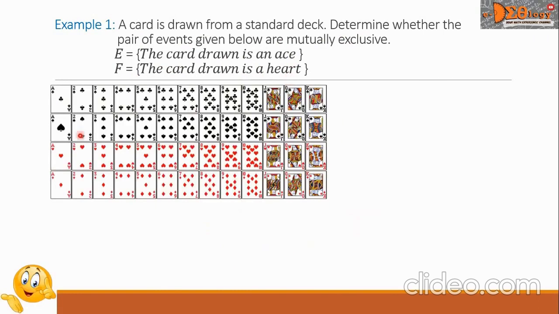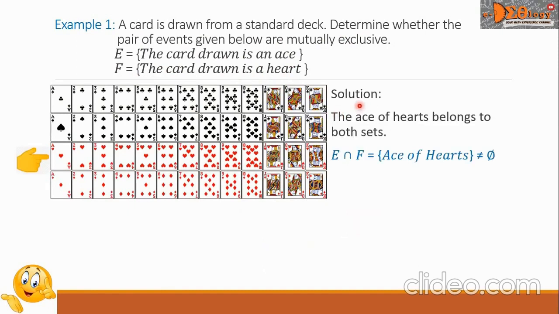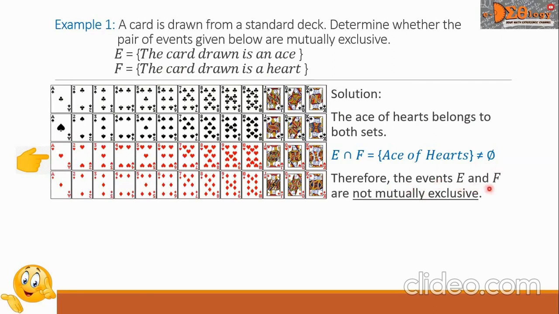First, let us see all the cards in a deck of cards. Next, the ace of hearts belongs to both sets. This is the ace of hearts, means the E intersect F, that is the ace of hearts, is not equal to 0. Therefore, the events E and F are not mutually exclusive. This is our final answer.